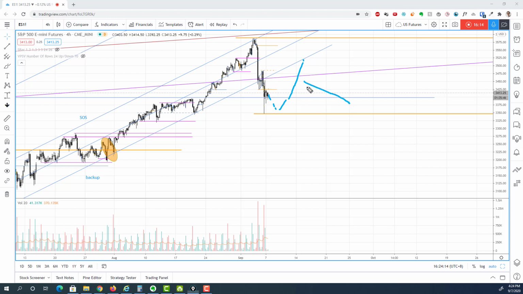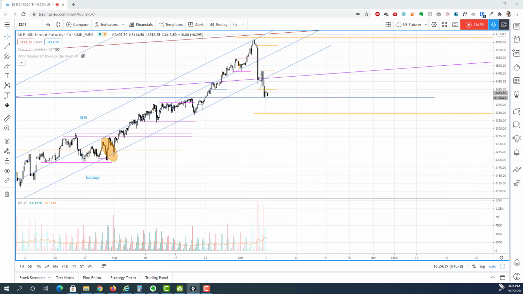But we need to judge how far it will go and the quality of the rally if it really happens, because of the demand spotted on Friday's candle. And in terms of the trading plan, I'm still watching the immediate support level to initiate a potential long entry upon a reversal.